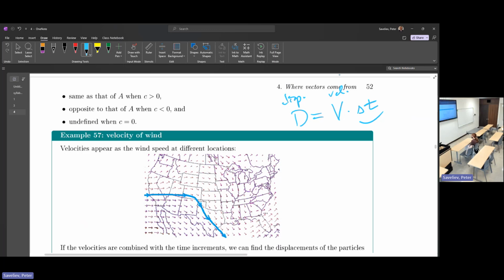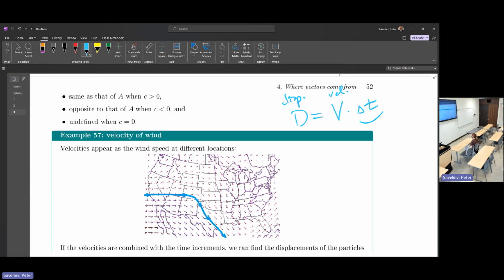We usually visualize things with velocities, naturally, such as this weather map, for example. If this is the map of weather stations everywhere, it just records the direction and the speed of the wind at every location. But then the question might be, where will a balloon go?